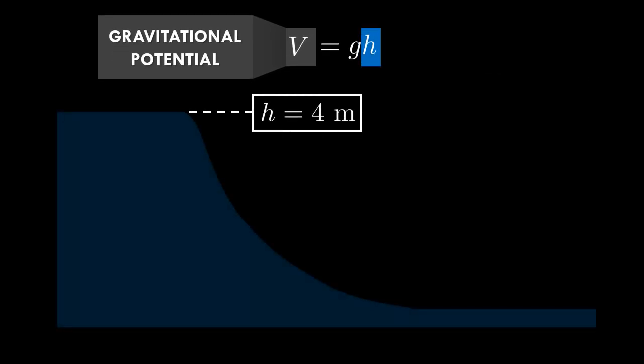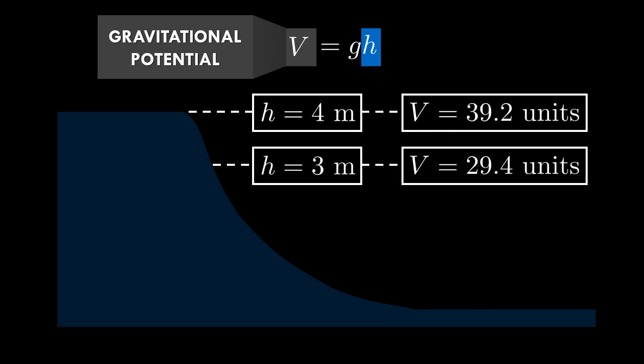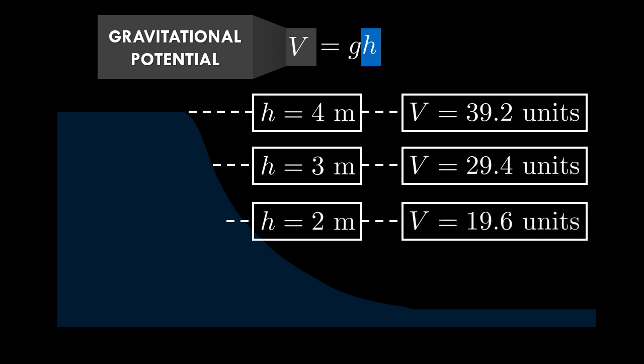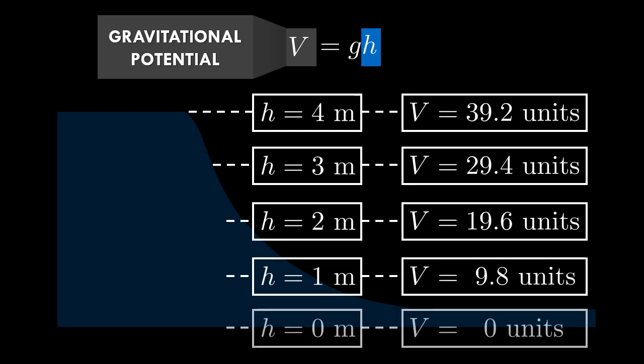For example, at 4 meters height, the potential would be 9.8 meters per second squared times 4 meters, which equals 39.2 units. Similarly, at 3 meters height, the potential would be 29.4 units, at 2 meters 19.6 units, at 1 meter 9.8 units, and at 0 meters potential would be 0 units.